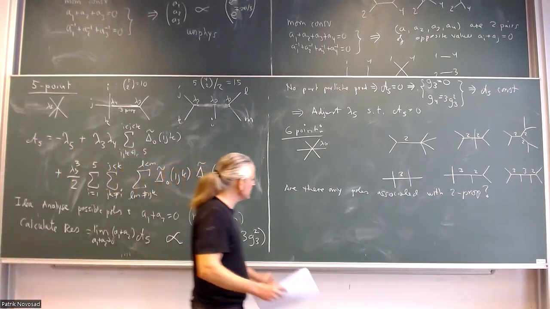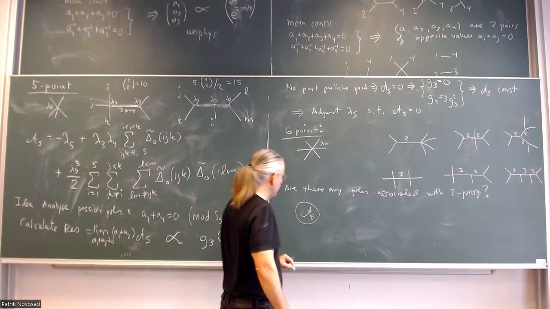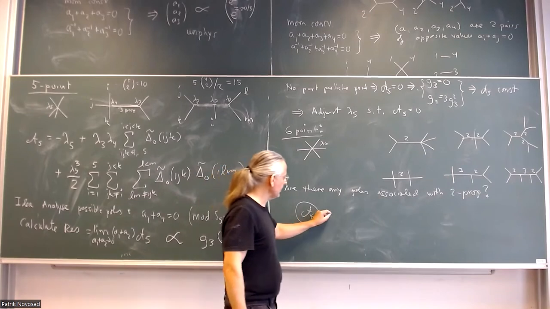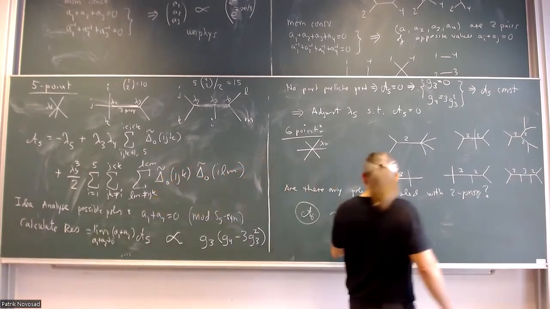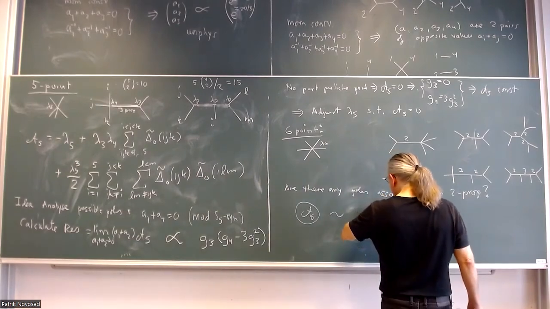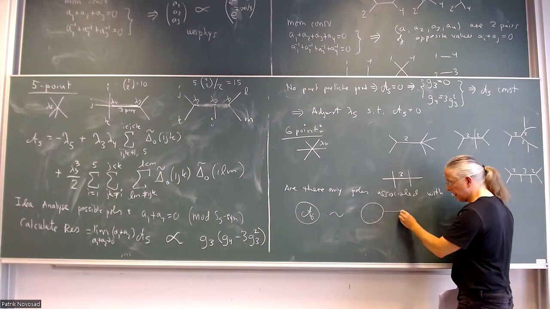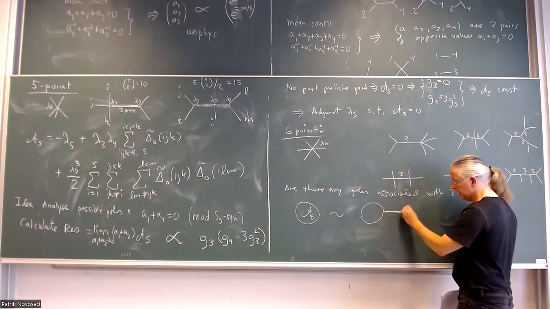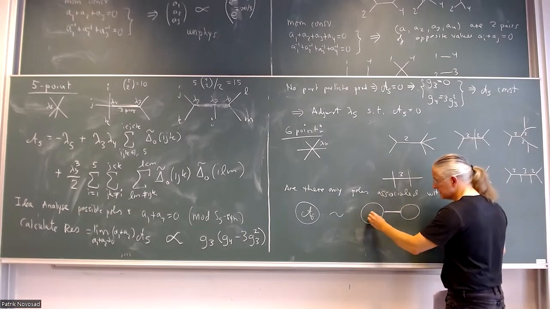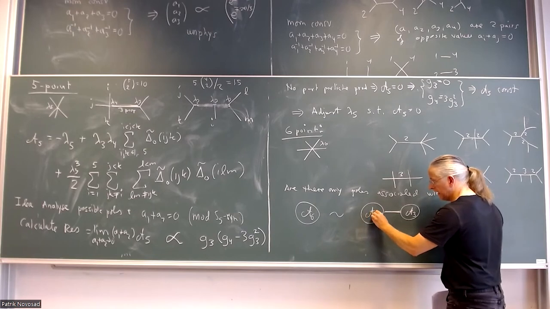The point is that we can look at A6, and then we can try to see if we have a 2 propagator. If a 2 propagator is a pole, then it blows up. So we have a 2 propagator here, and that means that we need an A3 and an A5.